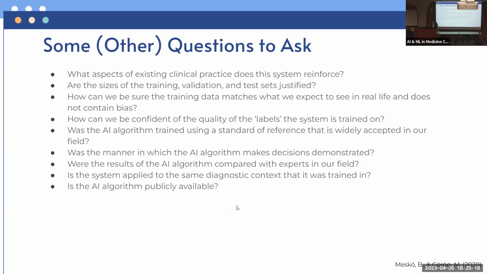Some of the questions in their paper that they want people to ask: what aspect of existing clinical practice does the system reinforce? So it goes back to finding the right problem. And then data sizes: are the sizes of the training, validation, and test sets justified? And how can we be sure the training data matches what we expect to see in real life?